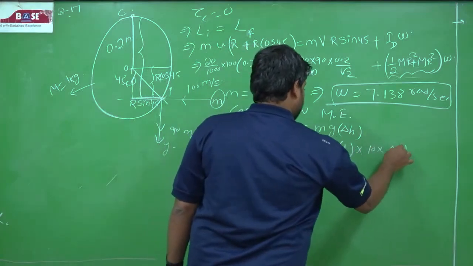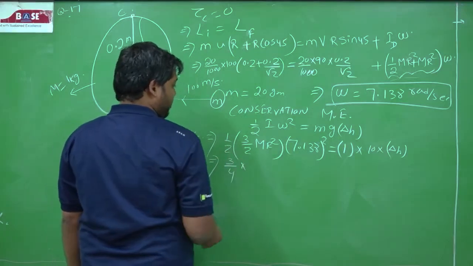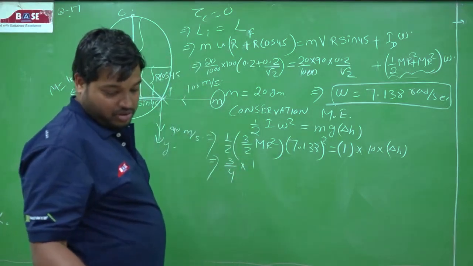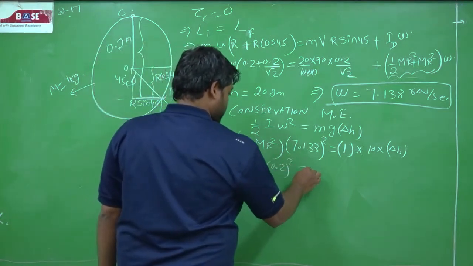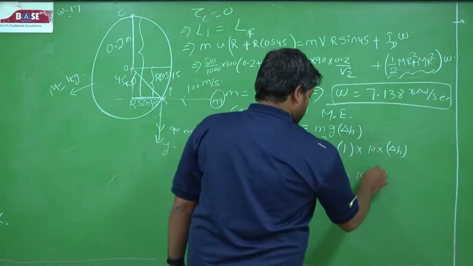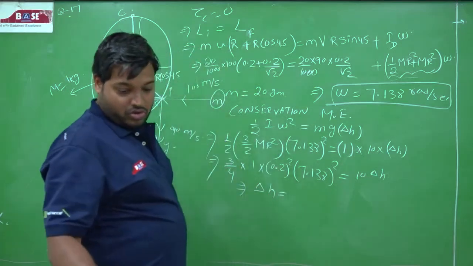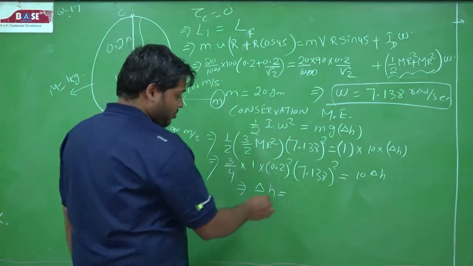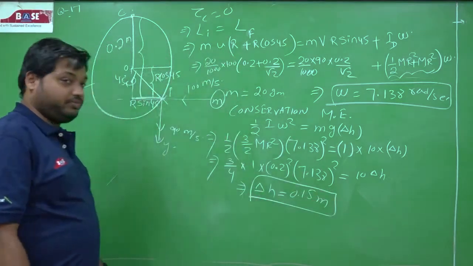I need to calculate this delta H. So this one I am getting 3 by 4, capital M is 1 kg and R will be 0.2 square, 7.138 square. This one will be 10 delta H. So if I solve this one, I am getting delta H as 0.15 meter. Done. This is the question number 17.